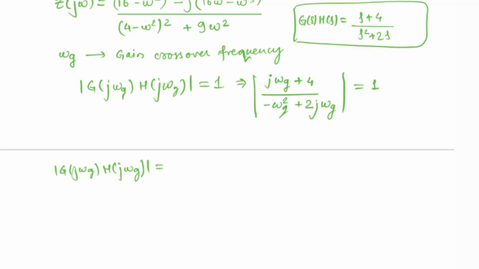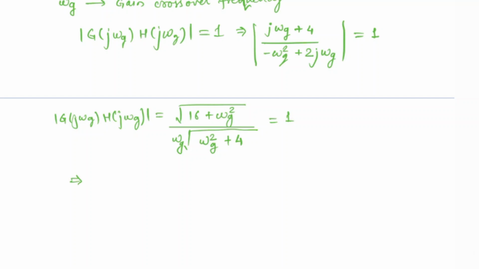It will be under root 16 plus omega g square in the numerator. So we want this to be 1.